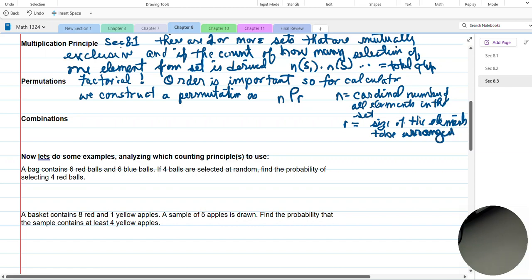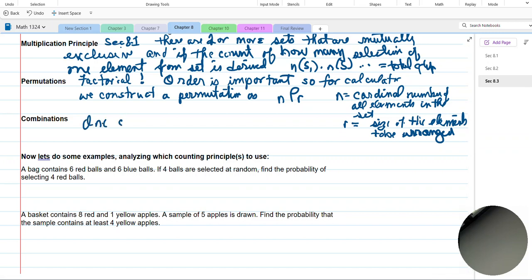All right. So here we had permutations. And then our last one of the counting principles is combinations. One set, as in permutations.